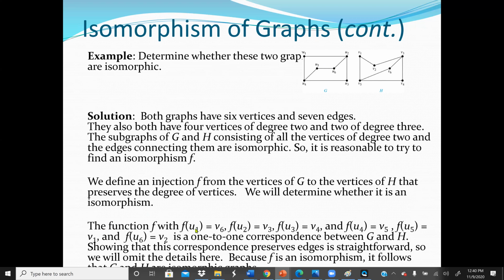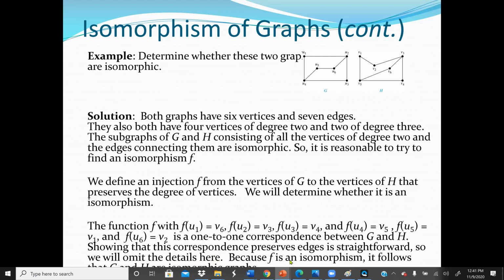So a function f with u1 to v6, so we are connecting u1 with v6. We have 2, 2, 2. It's a one-to-one correspondence between G and H. Now, showing that this correspondence preserves edges is straightforward, so we will omit the details here.